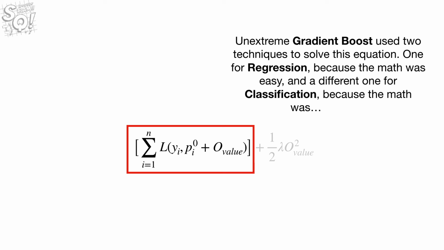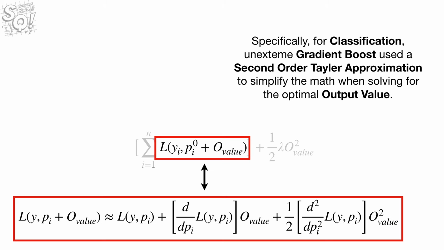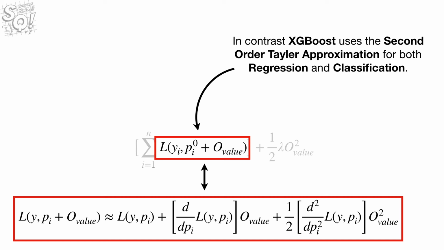One for regression, because the math was easy, and a different one for classification, because the math was not easy. Specifically, for classification, unextreme gradient boost uses a second-order Taylor approximation to simplify the math when solving for the optimal output value. In contrast, XGBoost uses the second-order Taylor approximation for both regression and classification.